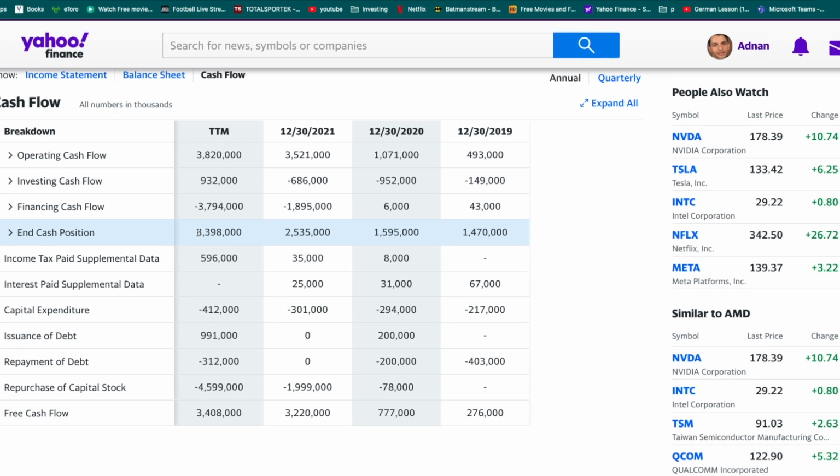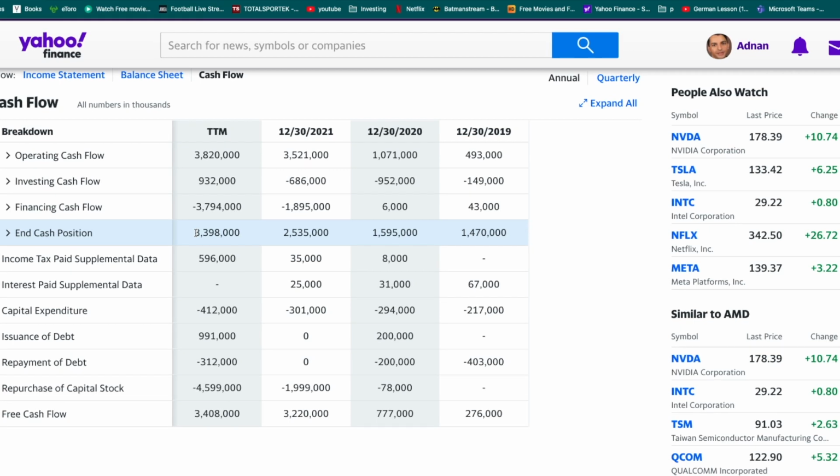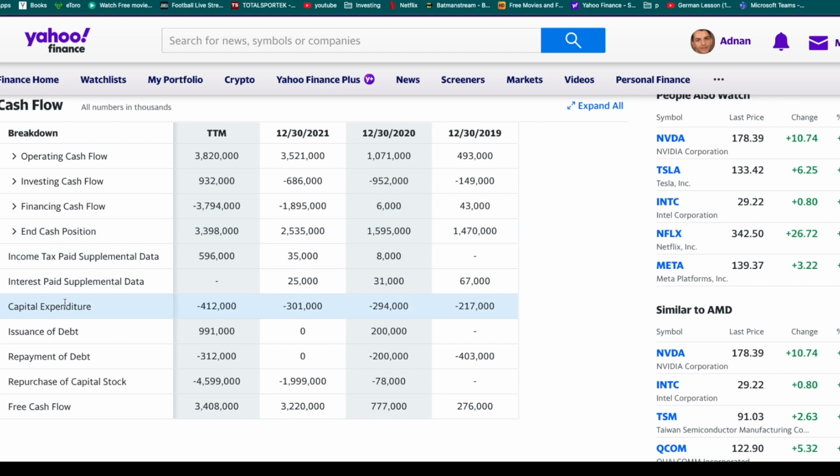And the more cash they have, the better, because if something is not in favor of the company, if they cannot generate positive cash flow from their operations, on the worst side, at least they have enough cash that they can support the company for at least a quarter, or in the best case at least a year or so.